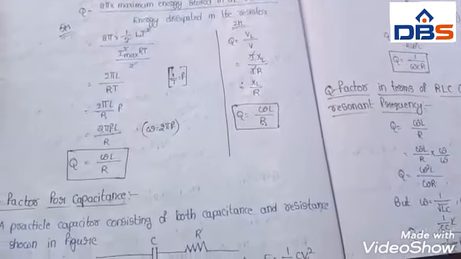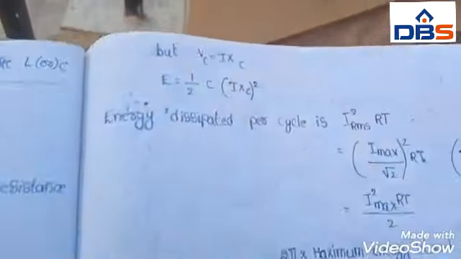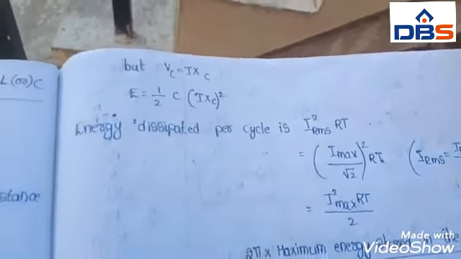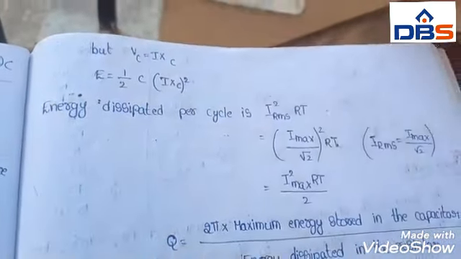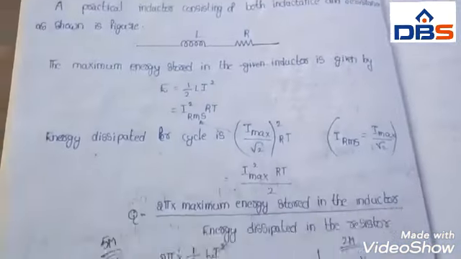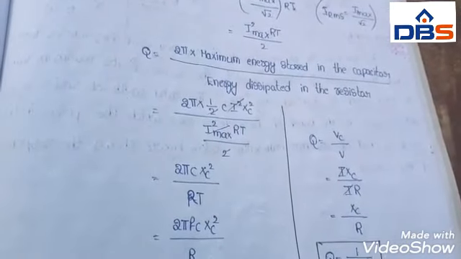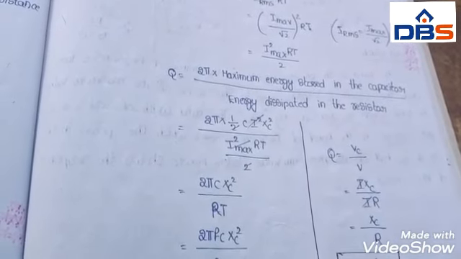In a similar manner, the quality factor for the capacitor: energy stored is half C V square. So V C means I into XC, square, and the energy dissipated is the same as for the inductor. Substitute in the basic formula: 2 pi into half C I square XC square by I maximum square R T by 2.